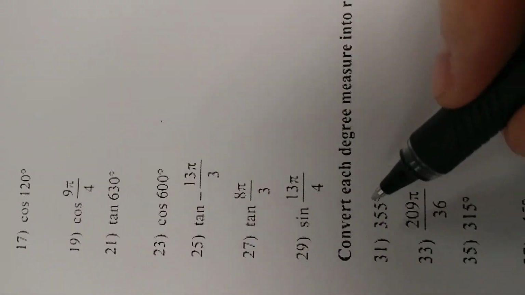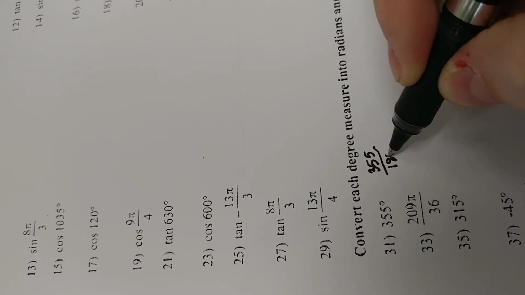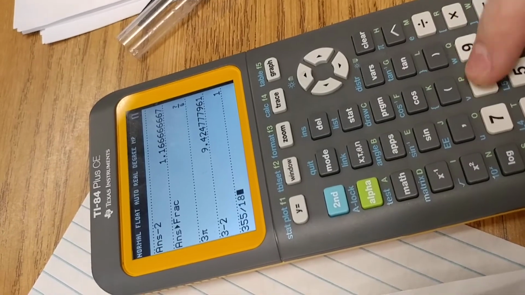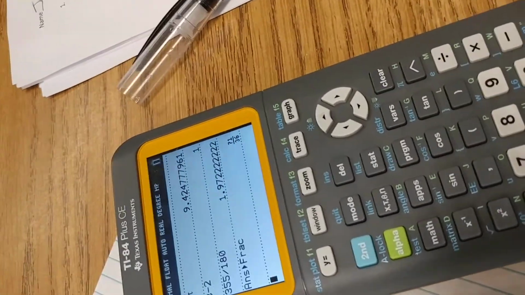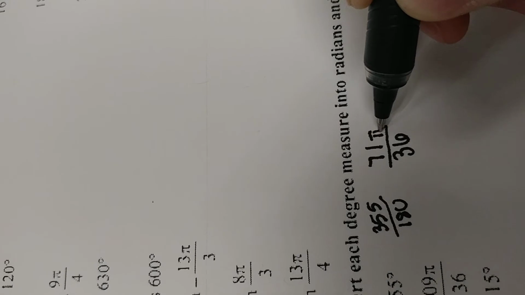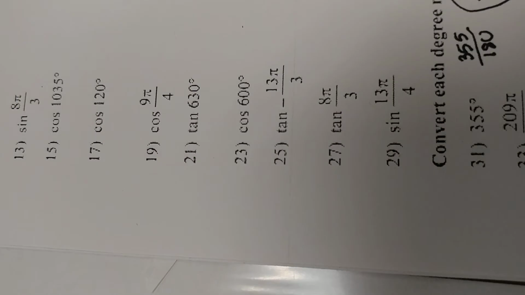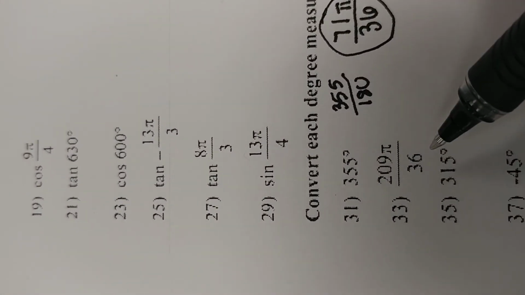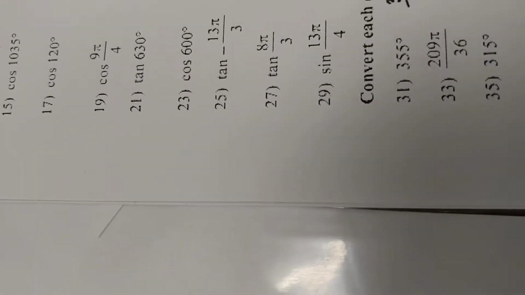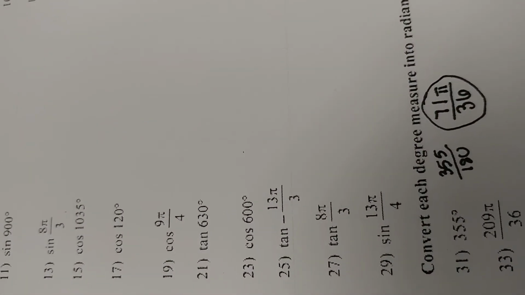Now remember, converting degrees to radians, if you're given a degree, it's a very simple problem of putting your degree over 180. So 355 over 180 gets a decimal. We don't like decimals. We're going to keep it in fraction form: 71 over 36. Radians must have a pi, and it always goes on top. 71 pi over 36. Same thing here. If we have this 209 pi over 36, in order to do this problem, you're going to take whatever number is found on top, which is 209, and multiply it by 180.